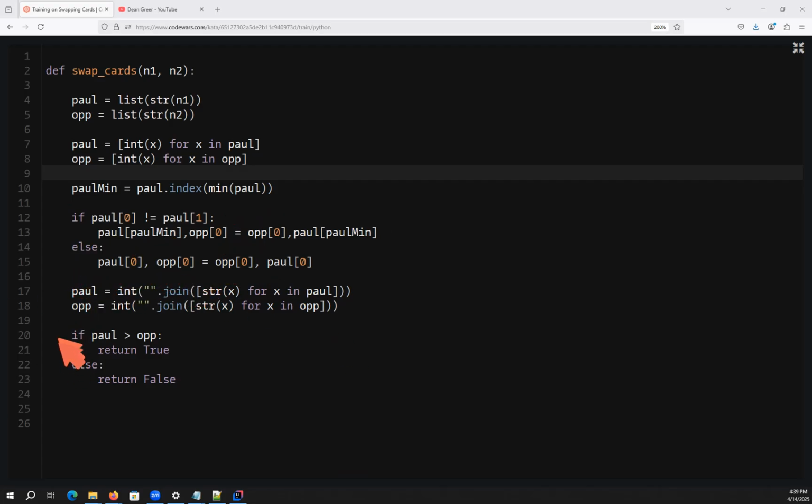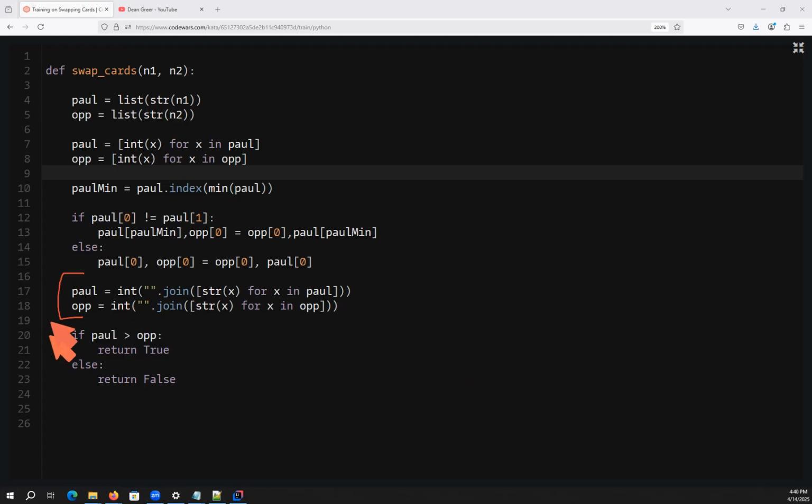Once the swapping is done, here's what you do. I'm going to loop through the list of integers for Paul, convert each integer to a string, then join that into a string, then convert it to an integer.